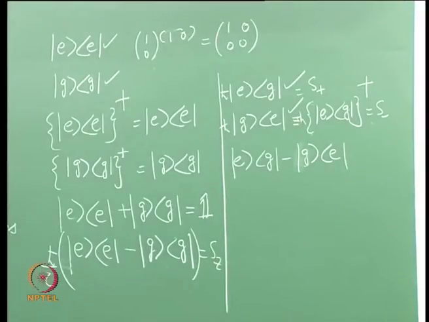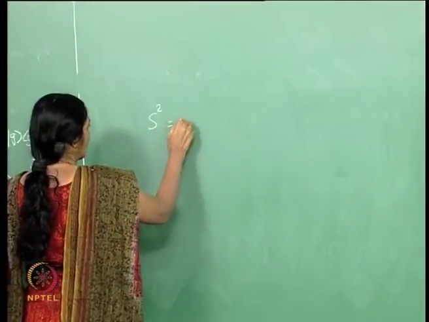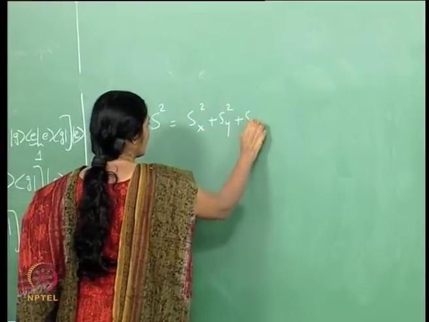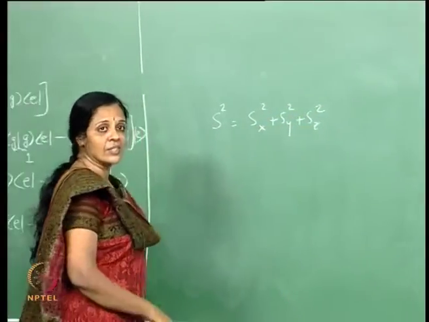So returning now to the construction of further operators, let me consider S squared. I define S squared as Sx squared plus Sy squared plus Sz squared.